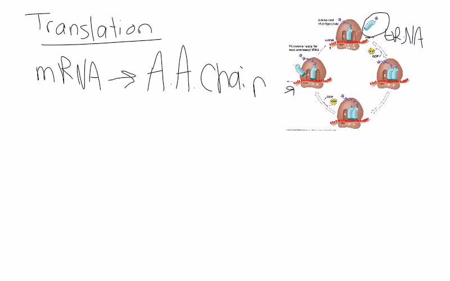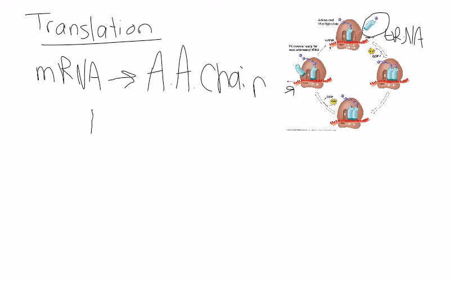Now, we draw a very vague picture of tRNA. As you can see there, it looks like a little tube that has an amino acid attached to the top, and then 3 bases at the bottom. But what it really looks like is a lot of bases, just because it is an RNA. It's called transfer RNA.